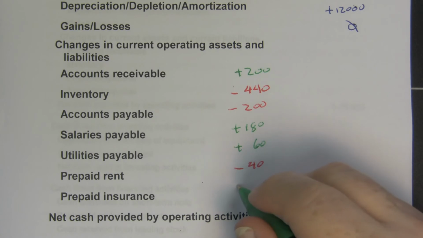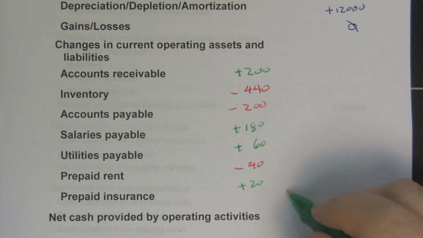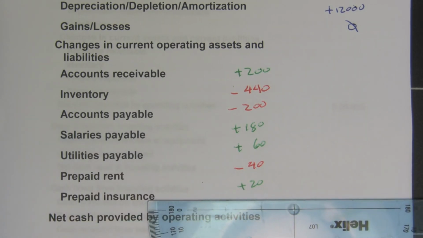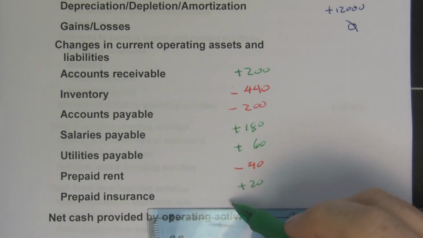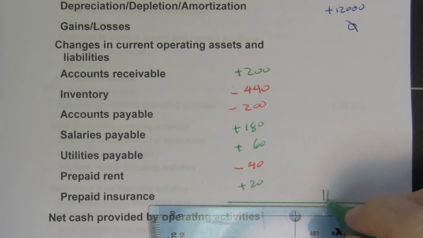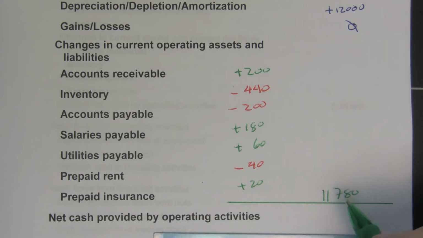So our cash went up by that $20. So we have a total of $11,780 in total adjustments. That comes to $11,780 plus the $6,000 we started with. Our cash at the end of the year, grand total, $17,780.